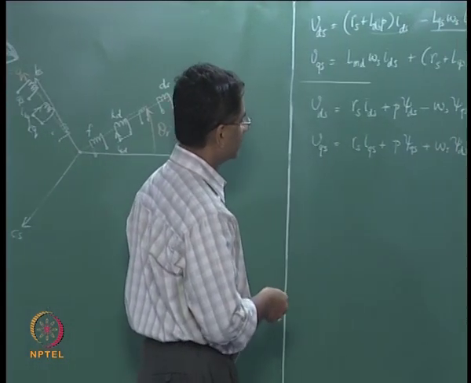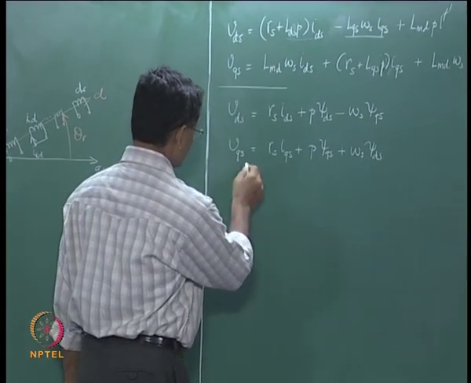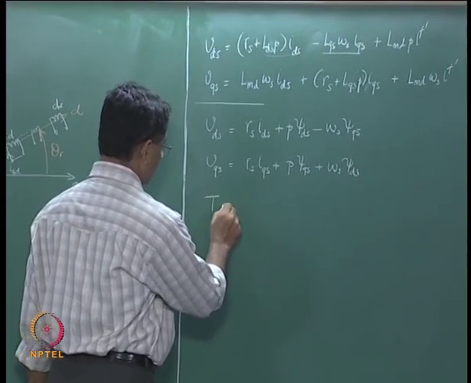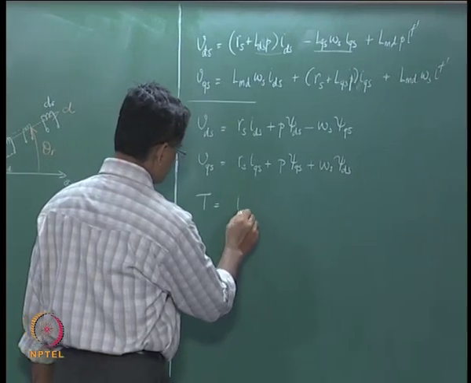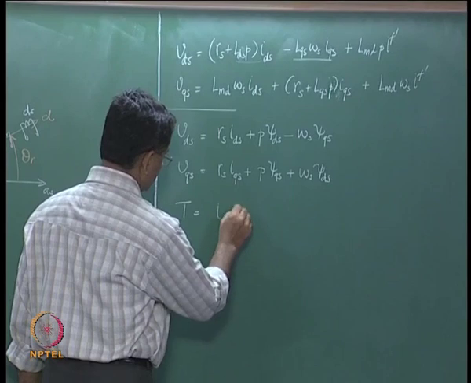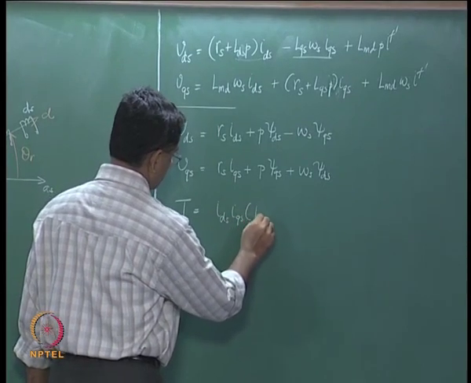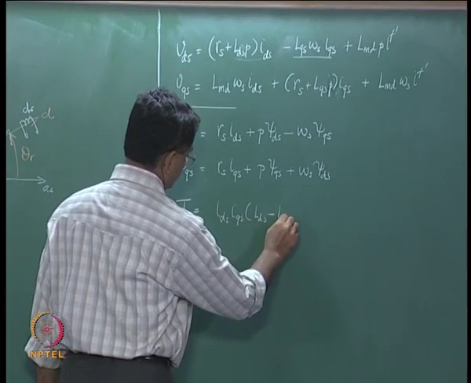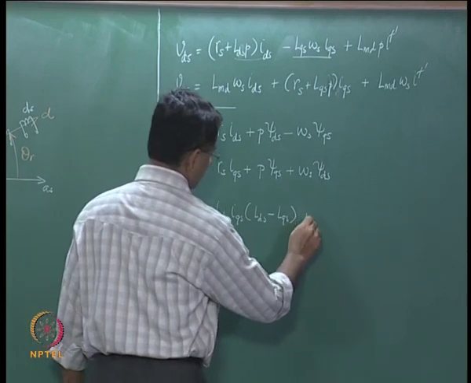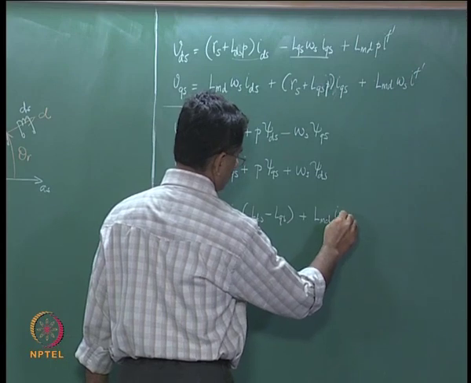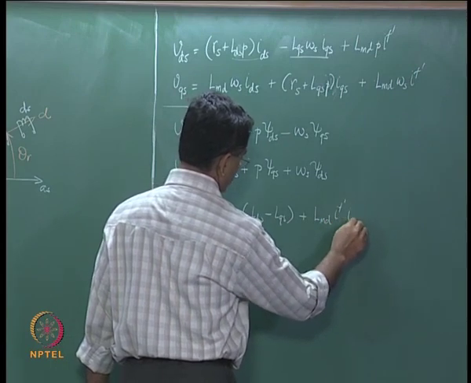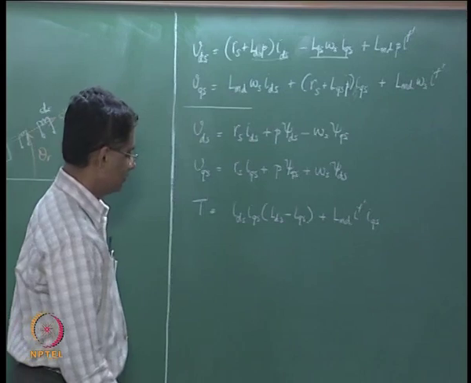This is often used in order to do computations. With this, the expression for the generated torque is IDS into IQS into LDS minus LQS plus LMD into IF dash into IQS. So, this is what you have.